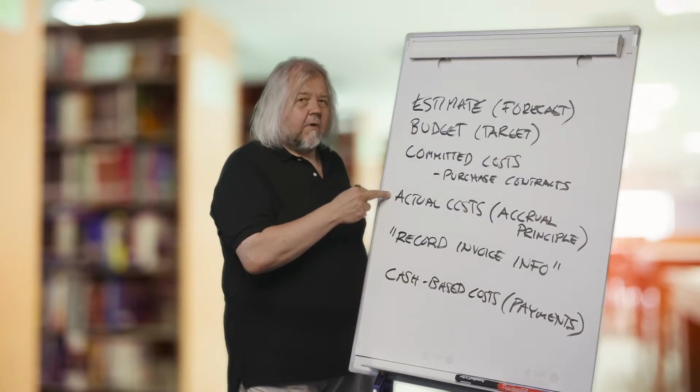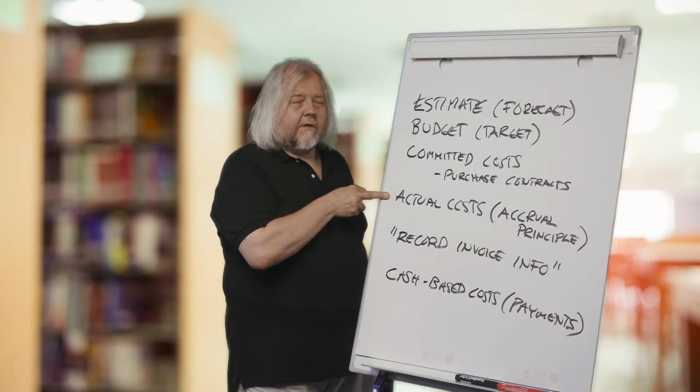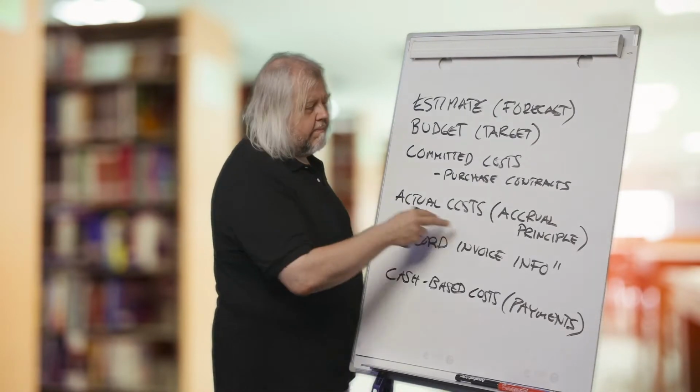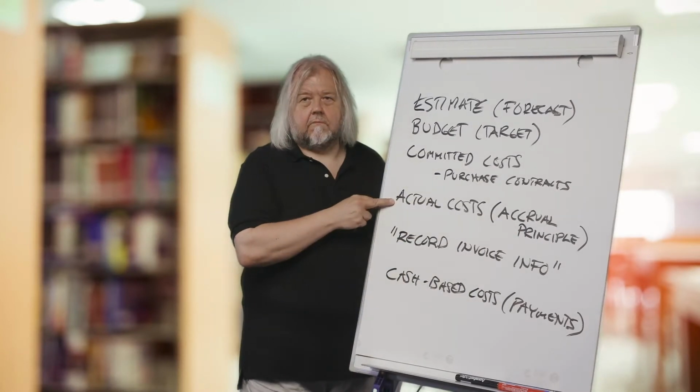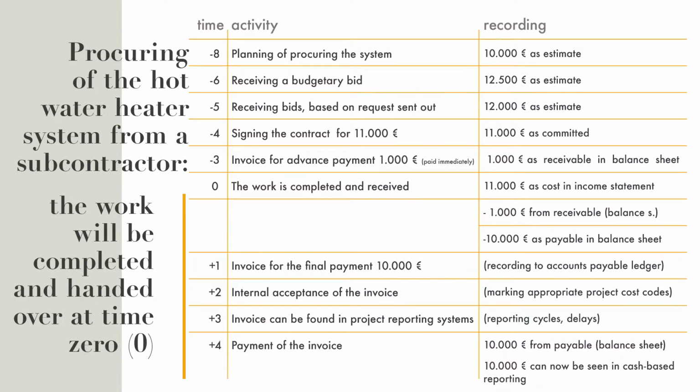So time 0 is now the time when the actual costs take place based on the accrual principle, when the system is handed over. But already at the point of time -8 months from this time point 0, when we are planning the procuring of this system, we can record, for example, 10,000 euros as an estimate to the project management system.